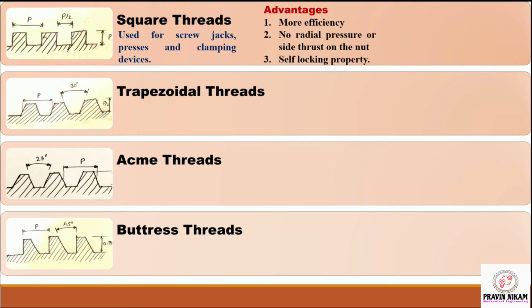Then the next point is disadvantages of square threads. First, it is difficult to manufacture. Then the second is it has less load carrying capacity, because the threads are straight, having square shape, so rapid wear is there between threads of screw and nut.